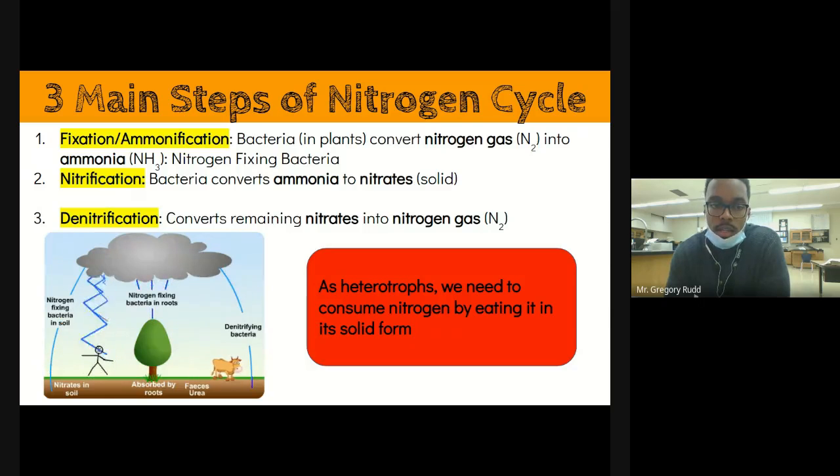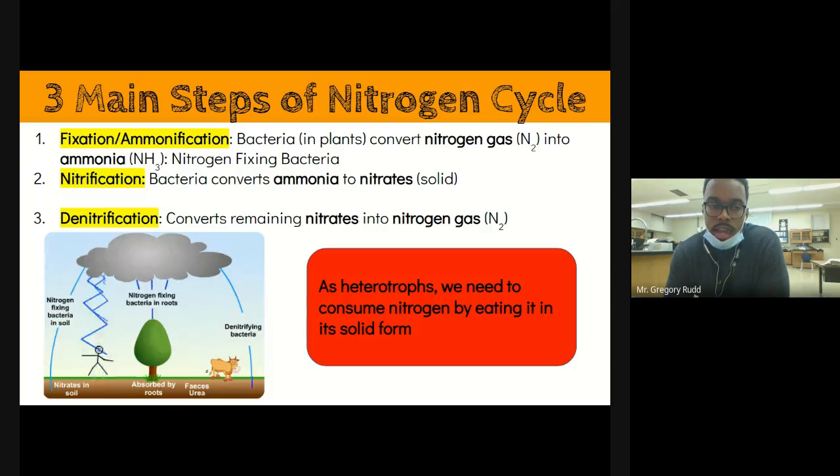In the first step, bacteria, primarily bacteria that live in plants, convert nitrogen gas into ammonia, which is NH3. That's 1 nitrogen atom and 3 hydrogen atoms.